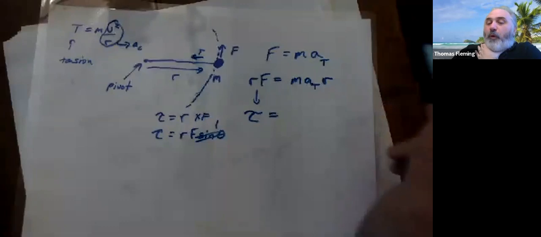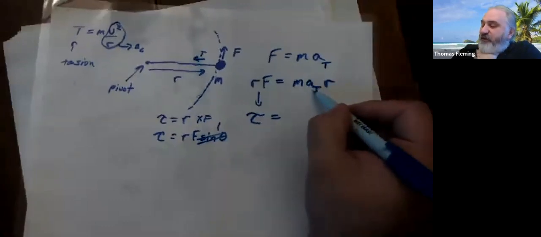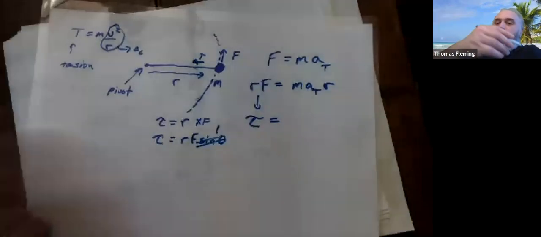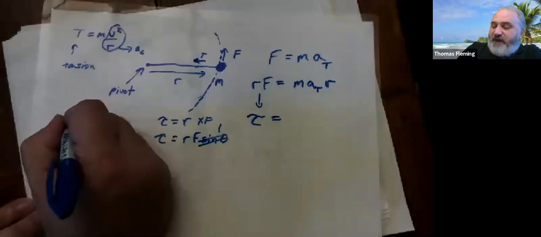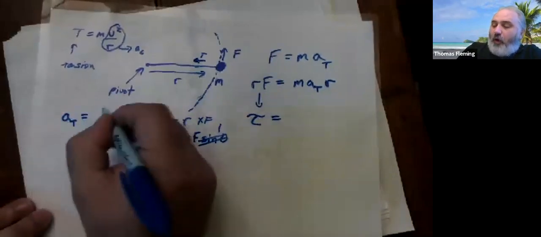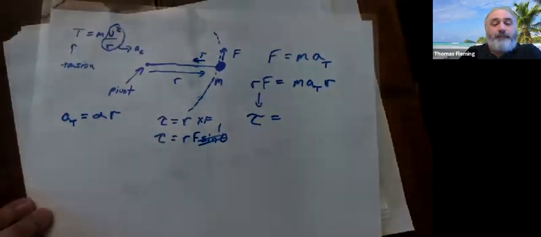Now, I got some more work to do over here because here I have the tangential acceleration, but I'd like to replace it with the rotational equivalent of tangential acceleration. And what I remember from Friday's class was that the linear variable is always equal to the angular variable times r.